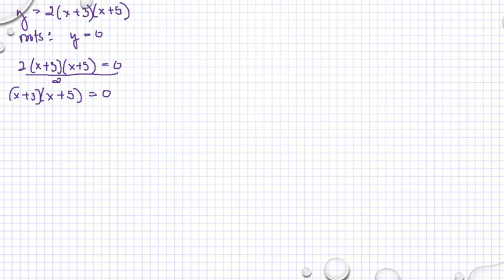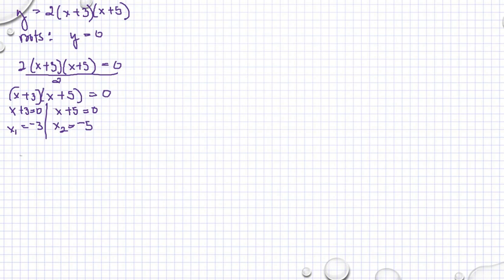And then we have x plus 3 is equal to 0, x plus 5 is equal to 0. Then our x sub 1 is equal to negative 3, and our x sub 2 is equal to negative 5 if we solve those equations.